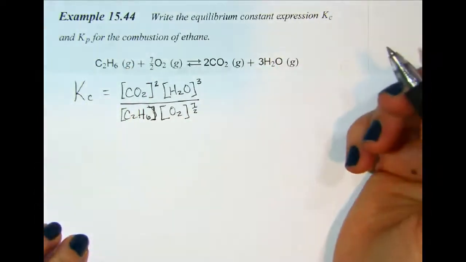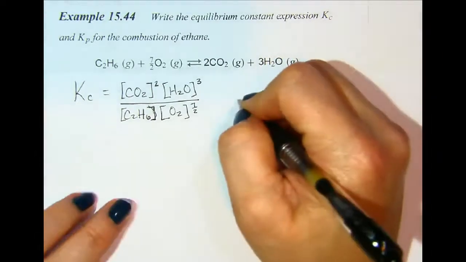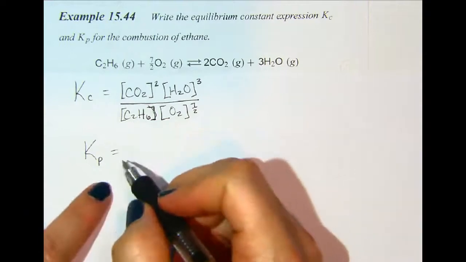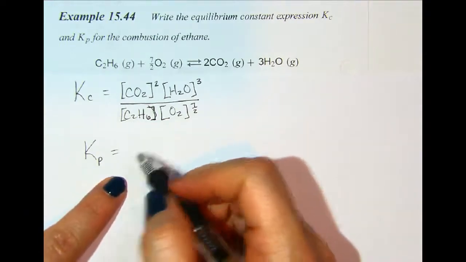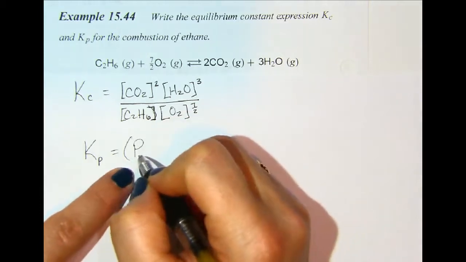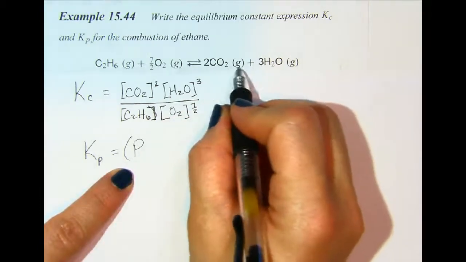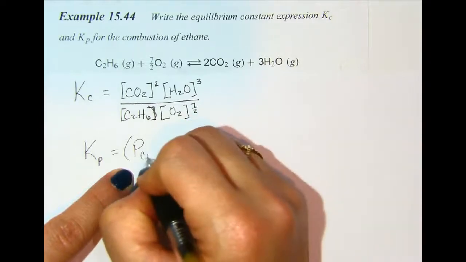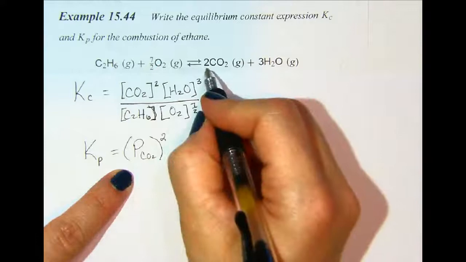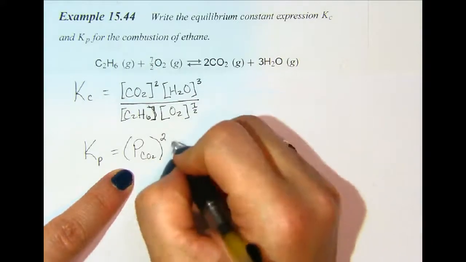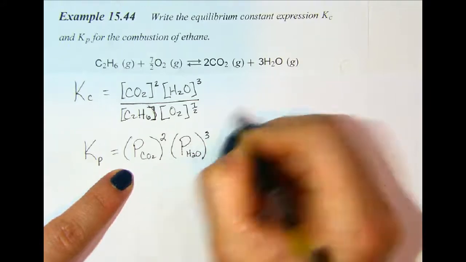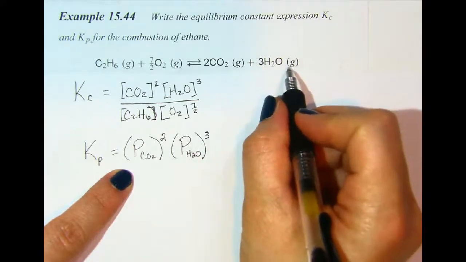If I wanted to write this in terms of gases, I would write Kp equals, we do not use brackets, we're going to use parentheses. So first I'm going to write a capital P, which stands for partial pressure, of CO2 because it's a gas, close parenthesis, and then square it because that's the stoichiometry here in the equation, times the partial pressure of water cubed, because of the stoichiometry, that's a gas also.